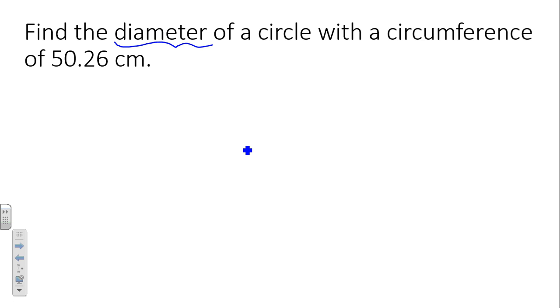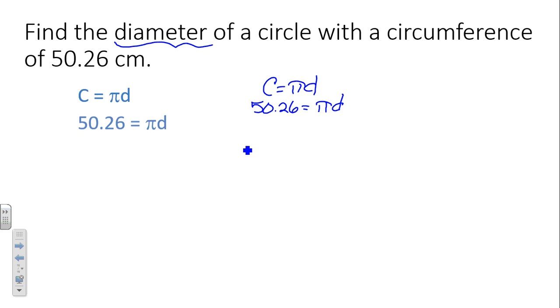Okay, so C equals pi d. The circumference was 50.26, so we plug 50.26 in there, and we divide it by pi. And what do we get? So it's 15.9 something. 16 is close enough. 15.99. We're going to call it 16. We always have a little bit of rounding error when we're dealing with pi.